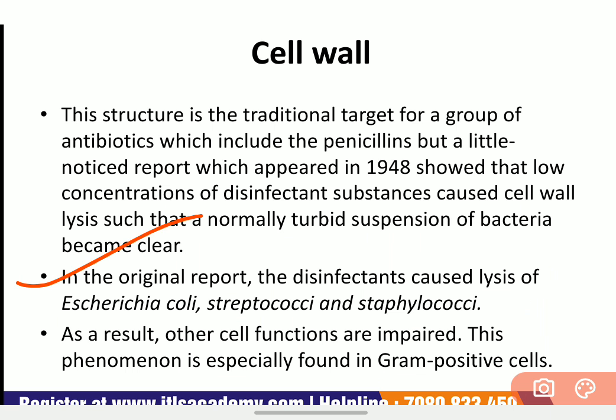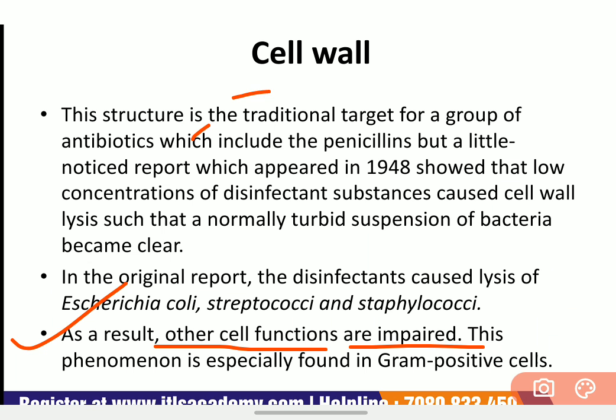Another example is glutaraldehyde, which owes part of its mode of action to its ability to react with and provide reversible or irreversible cross-linking in the cell wall. As a result, other cell functions are impaired.